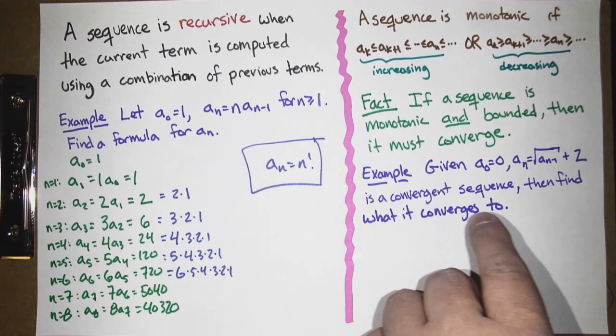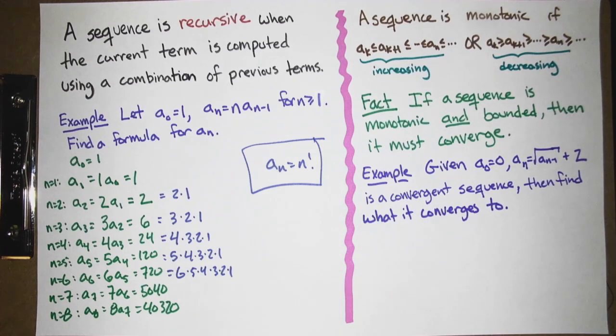All right, so let's do an example. We're given that a0 equals 0, and it's a recursive sequence. a sub n is the square root of a sub n minus 1 plus 2, and it's a convergent sequence. And I'm going to tell you right now it's monotonically increasing. Now, it's not clear why that's true, but I'll justify that pictorially in a minute.